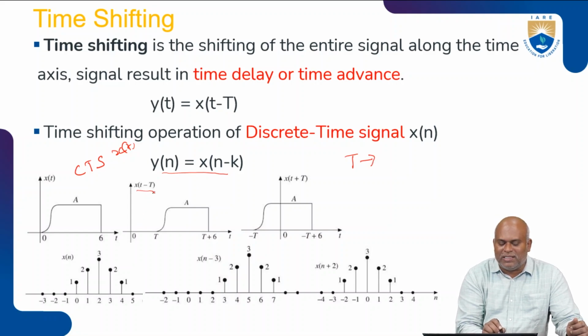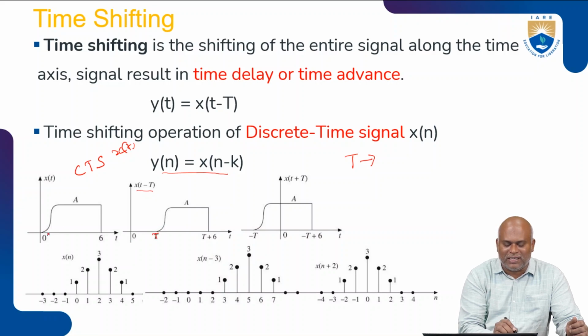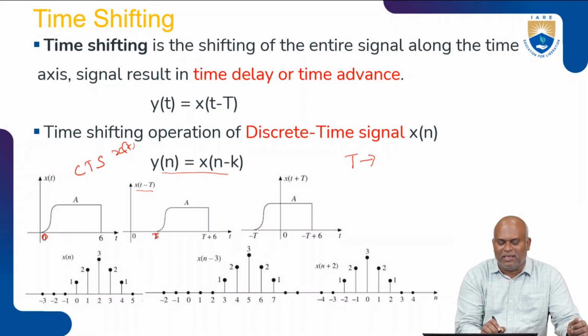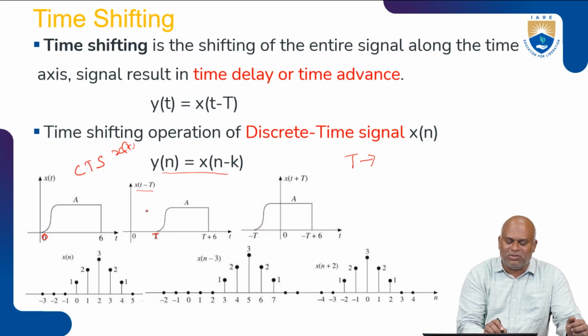So now the resultant output starts at T instead of 0, and the same signal continues up to T plus 6. So this is the signal with time delay.